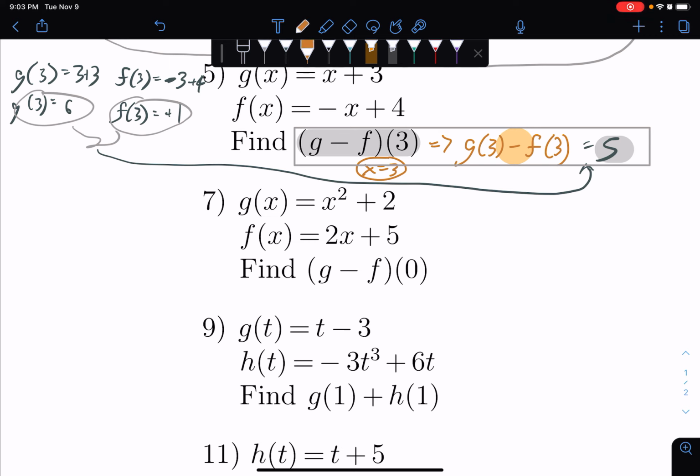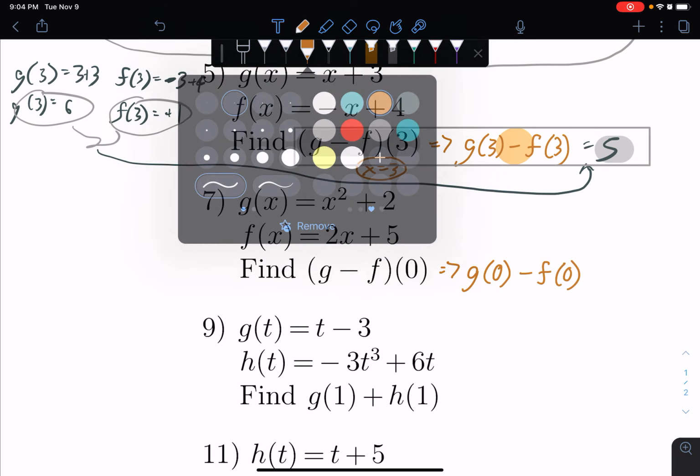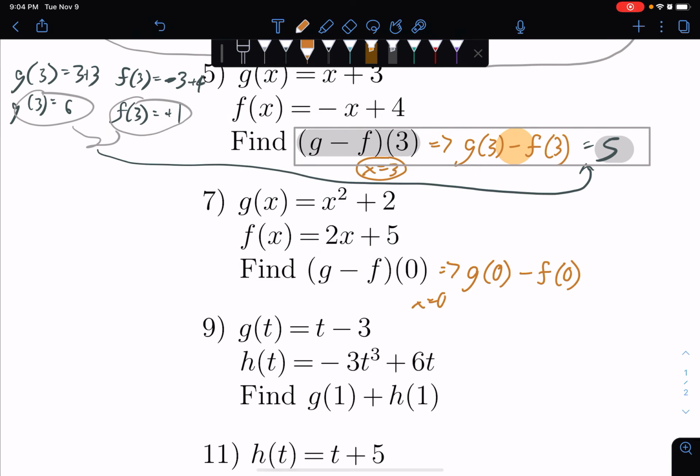So distributive property, so that we could reduce confusion. So g of 0 minus f of 0, such that 0 is equivalent to x. Alright, let's find g of x. So g of 0 is equivalent to 0 raised to 2 plus 2.